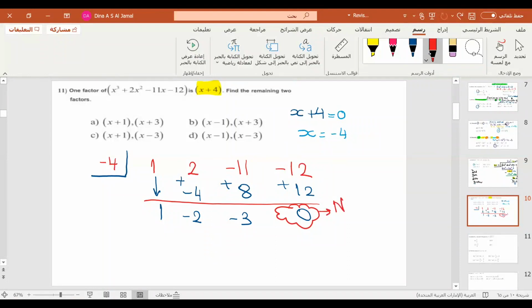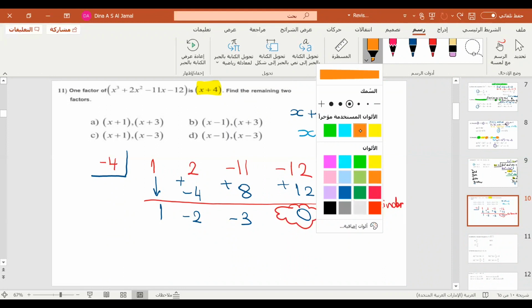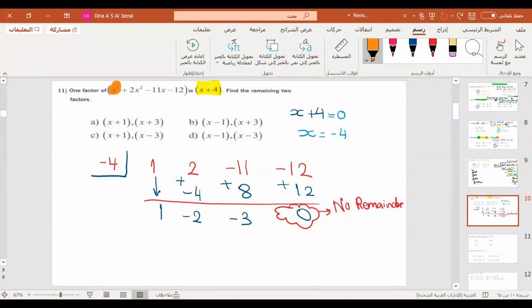So here, no remainder means it is a factor. Now, focus on the highest power here. It was x to the power 3, meaning your question was with n to the power 3. Your answer should be n minus 1, that means 3 minus 1, which is 2.